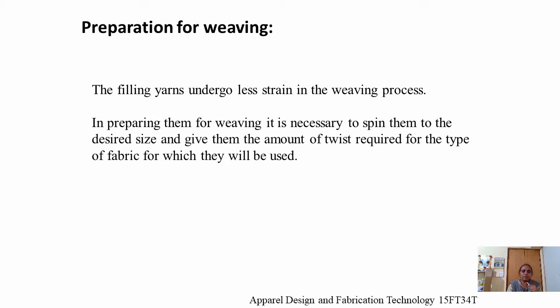In preparing for weaving, it is necessary to spin them to the desired size, giving them the amount of twist required for the type of fabric for which they will be used.